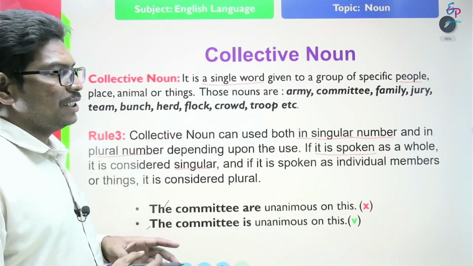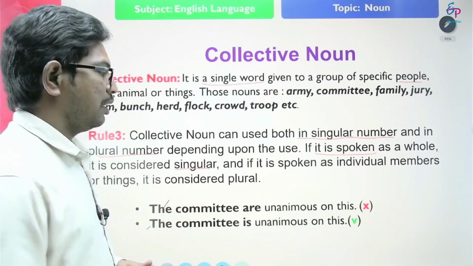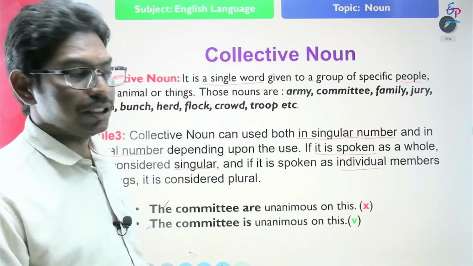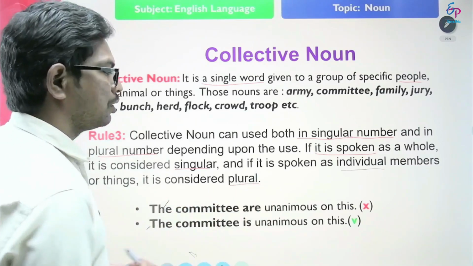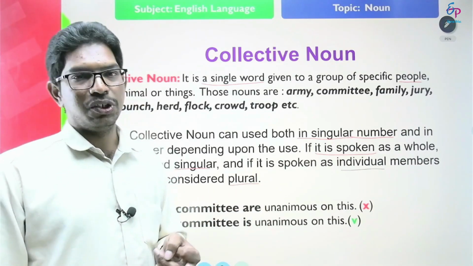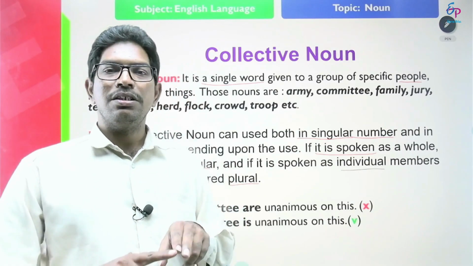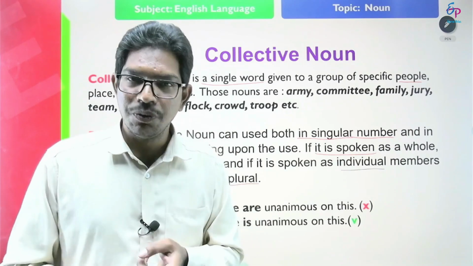And if it is spoken as individual members or things, it is considered plural. When it is spoken as a whole, that is singular. When it is spoken as individual, that is plural.